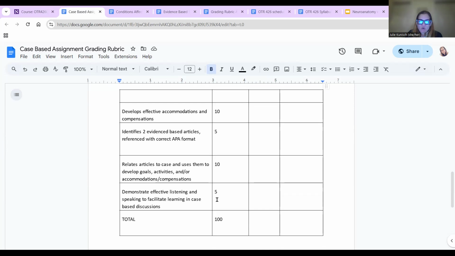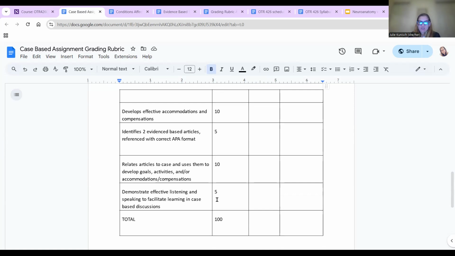We can talk more specifically about these once we are in person. You are going to find 2 evidence-based articles. You're going to relate the articles to how you're going to use them in your intervention plan. And then, as I said, you'll have 1 week in that group to finish this case.